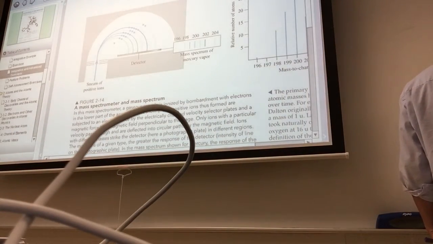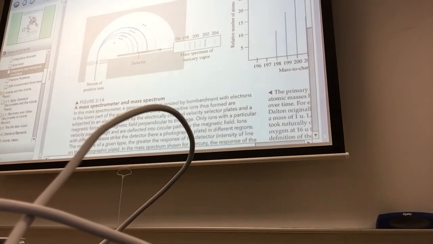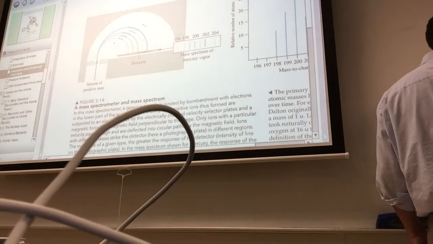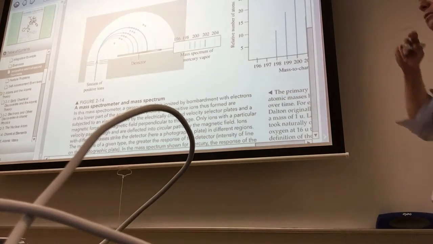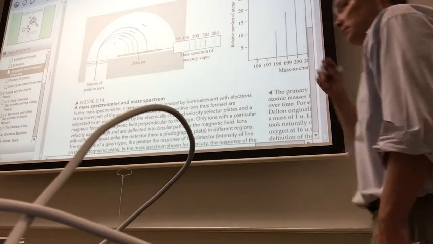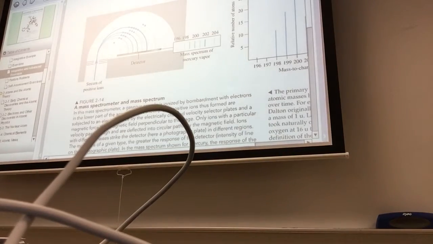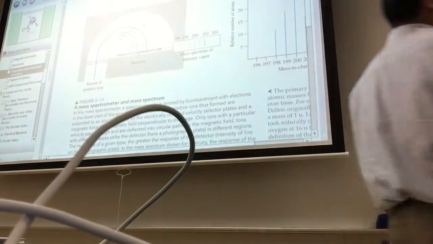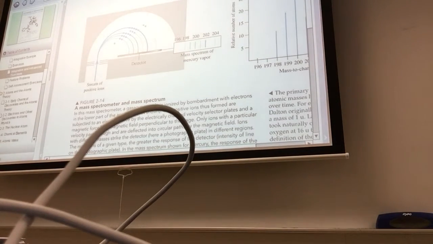So we're going to weigh fluorine-19 in a mass spectrometer. When we weigh fluorine-19 in a mass spectrometer, then the mass comes out to 18.998403.